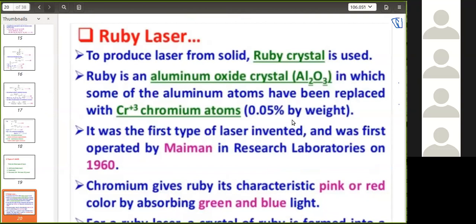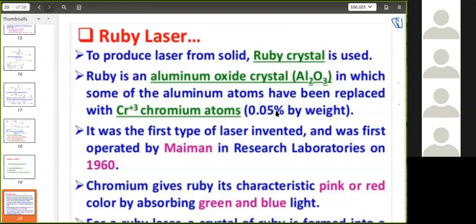First of all, we need to know what a ruby laser is. So ruby laser is basically ruby crystals, which is Al2O3 or alumina crystals, where chromium plus 3 ions are doped by 0.05% of weight. So these you have already seen, some of you may see ruby crystals.